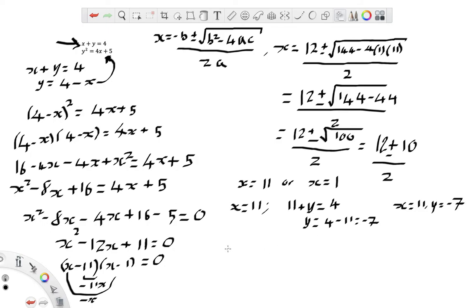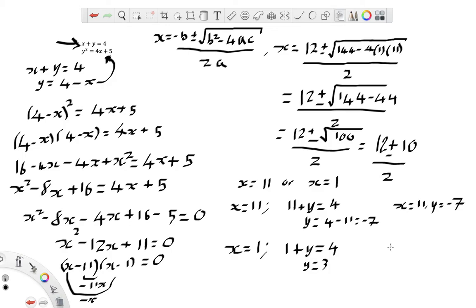And then for the other solution, x is equal to 1. Well, substituting that into x plus y is equal to 4, we'll get 1 plus y is equal to 4. So we'll rearrange that. Take 1 away from both sides, and then we'll get y is equal to 3.